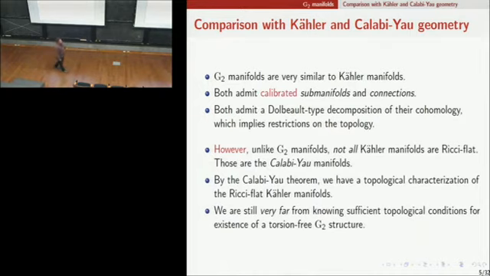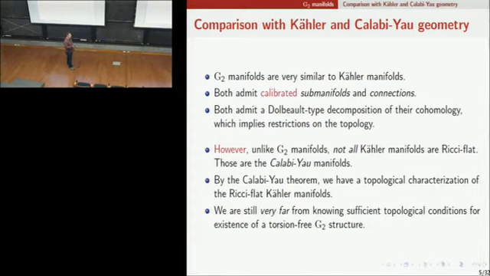But of course, not all Kähler manifolds are Ricci-flat. The ones that are Ricci-flat are the Calabi-Yaus. And we know exactly which compact Kähler manifolds can be Ricci-flat, and that's the Calabi-Yau theorem: c1 equal to 0, again in the compact case. And we're very, very far from knowing the same conditions for existence of a torsion-free G2 structure.